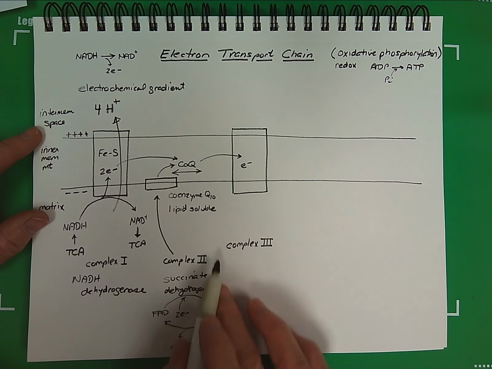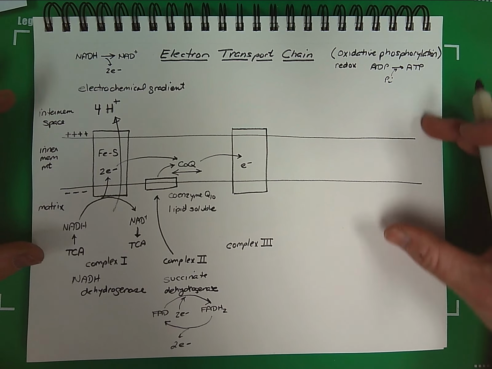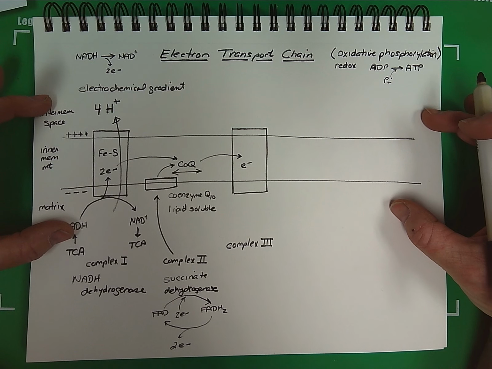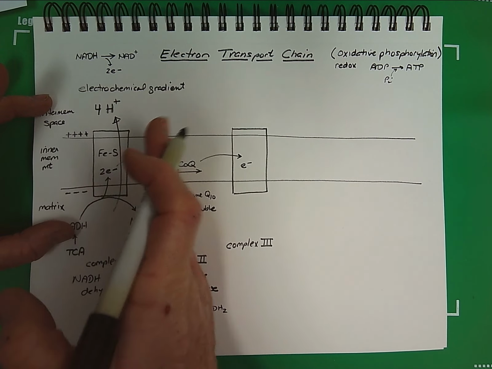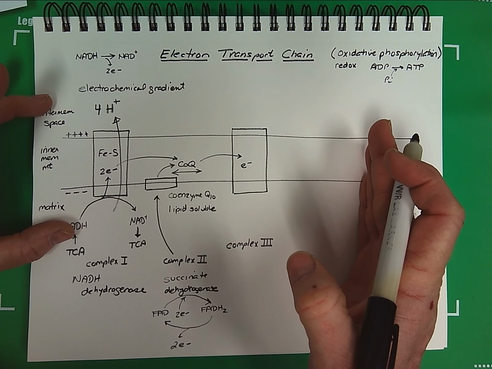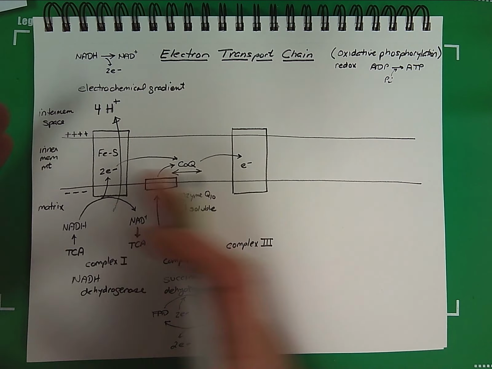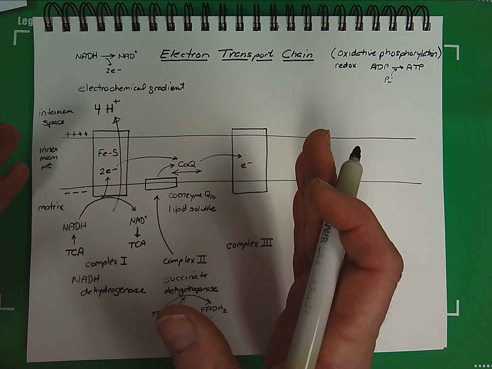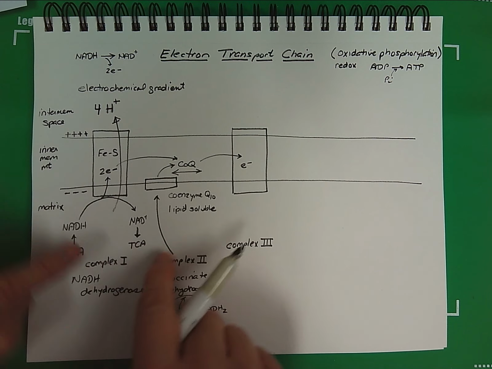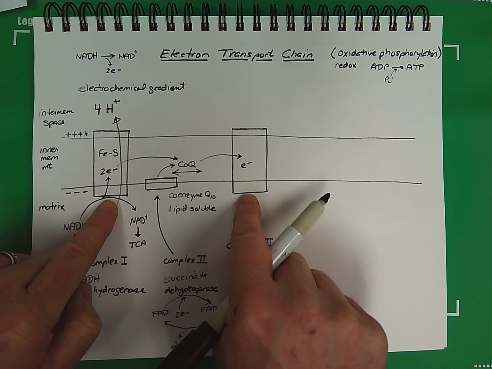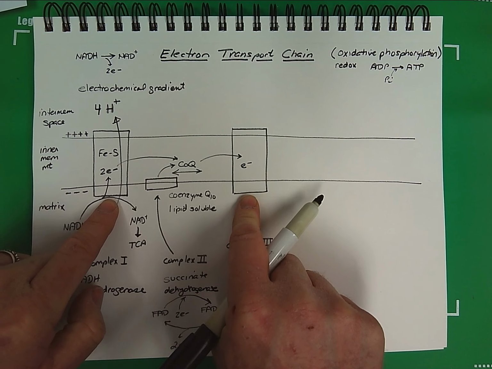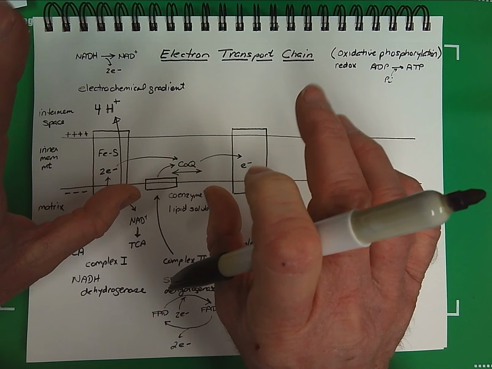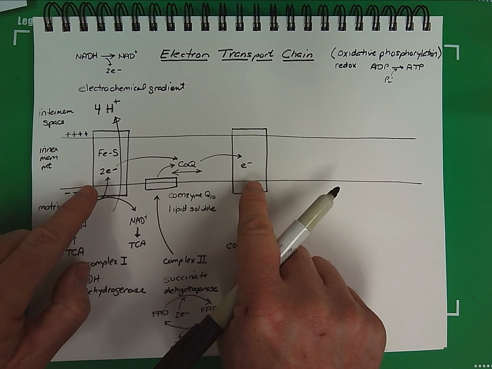The reason this is called complex 2 is because when the electron transport chain was originally studied in a biochemistry lab, the individual complexes were isolated and then reassembled to see where the electrons go. For example, if you take complex 1 and complex 3 alone and put them in a membrane structure, you would not get electron transfer.